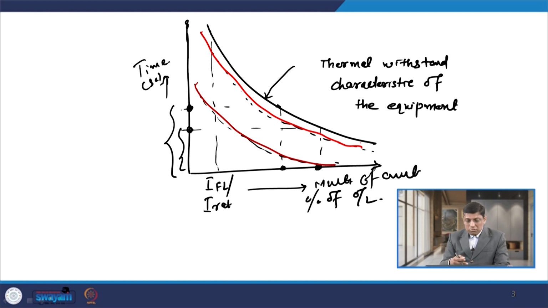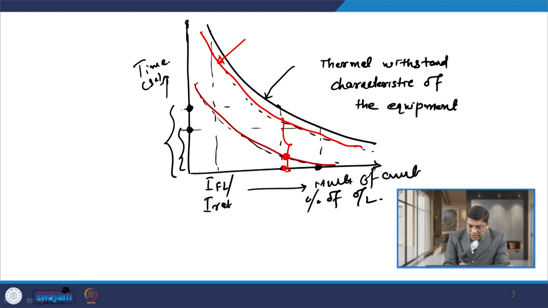Now, the question comes, which characteristic I have to select. Obviously I have to select this characteristic because it is exactly coinciding with the thermal withstand capability curve. If I select this lower characteristic, then for a particular percentage of overload, if the equipment is capable of withstanding this much period of time, then we are unnecessarily disconnecting the equipment by utilizing this lower characteristic.